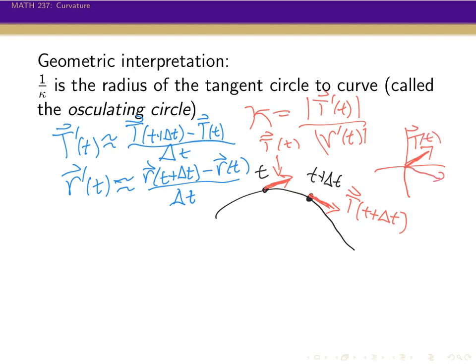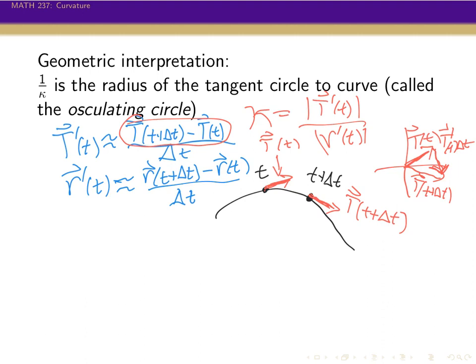So the unit tangent vector at t is roughly there. The unit tangent vector at t plus delta t is roughly there. And this difference between them right there is going to be roughly T prime at t times delta t, just solving for that in that equation.